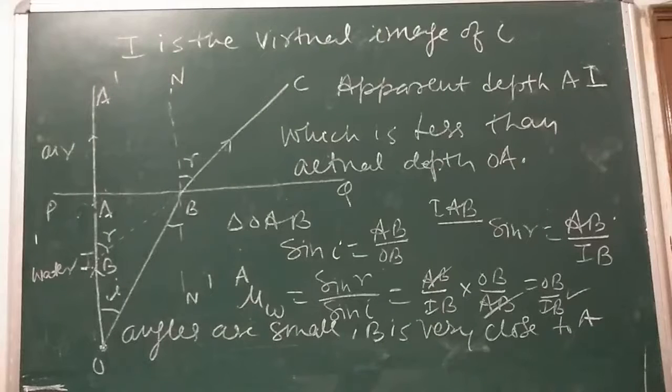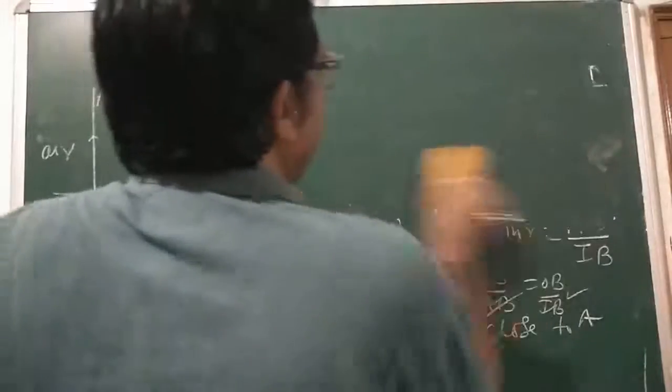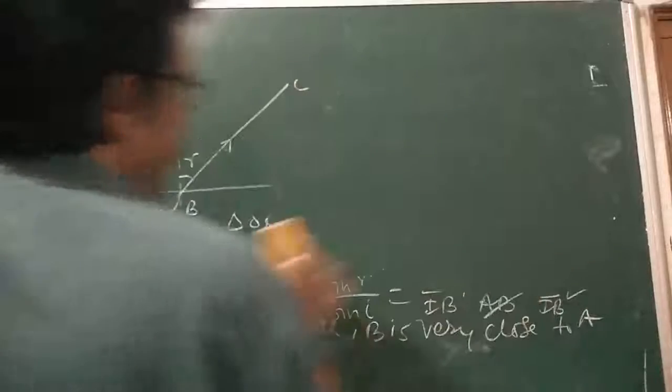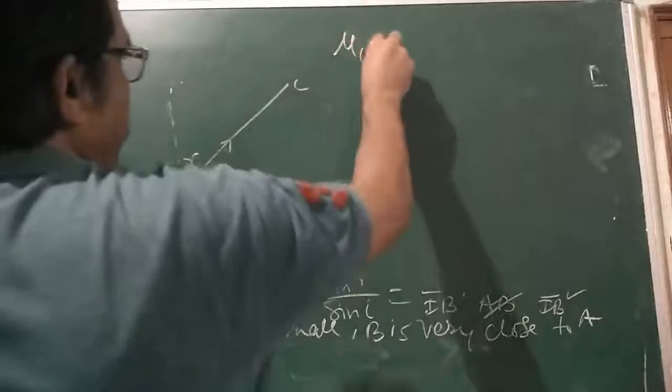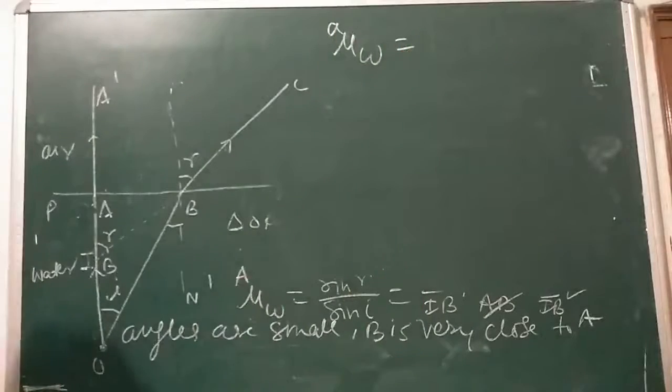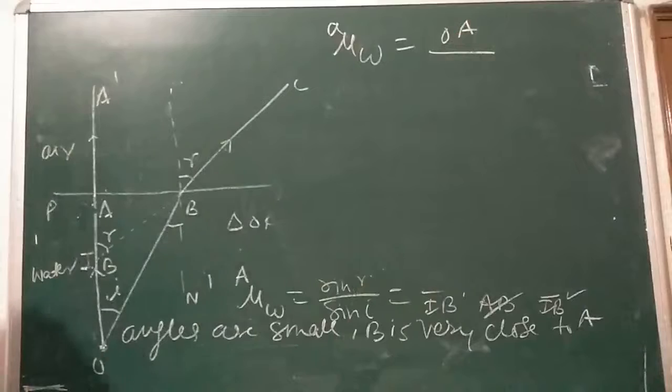When B is very close to A, so I can say, dear children, refractive index of water with respect to air, see this equation, I can write OA upon IA.